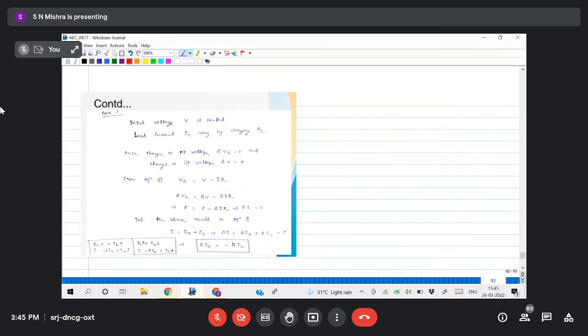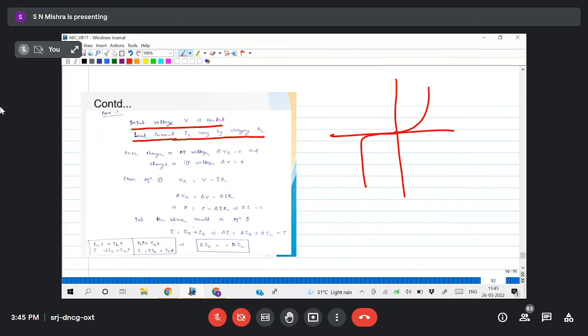Input voltage V is constant and load current IL varies by varying RL. Input voltage constant, I have not changed it; I am changing RL, so RL changes and your IL will change. Now observing the characteristic, this is your VZ.